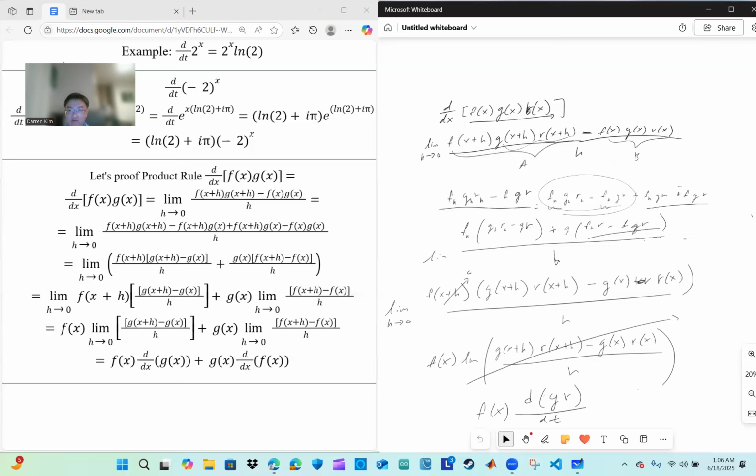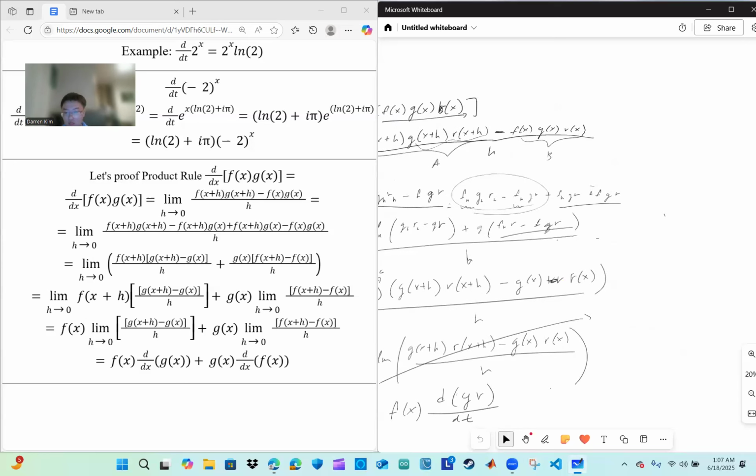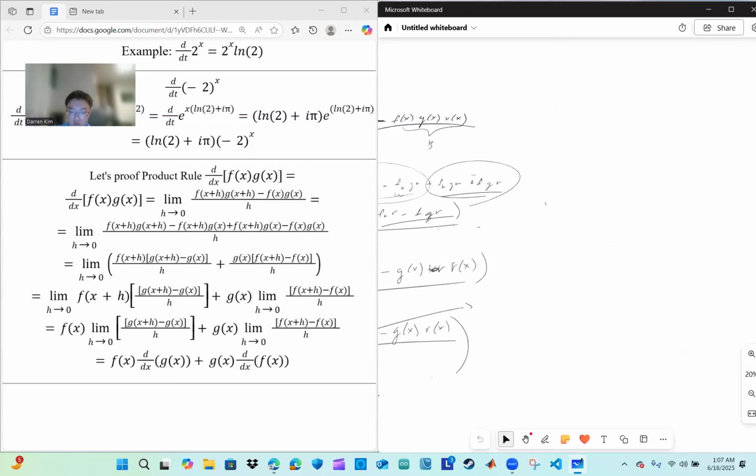Now the second part of it. The second part of it is this portion over here. We'll get that portion right now, actually. So it's f(x+h) g r minus f g r. Now you can already see that g r removes out, leaving f(x+h) minus f(x).